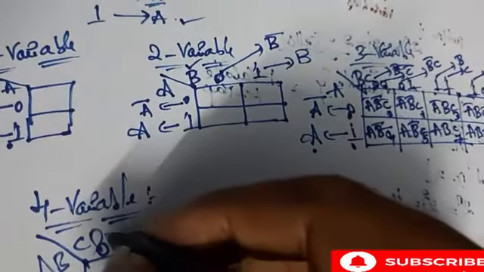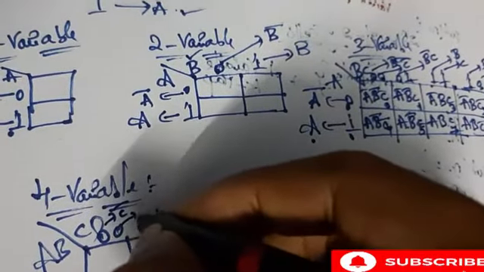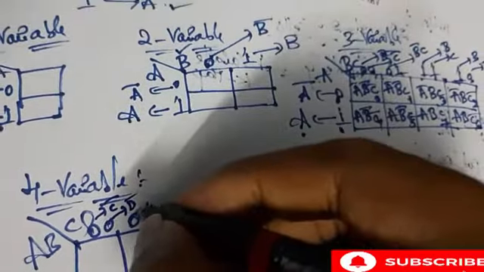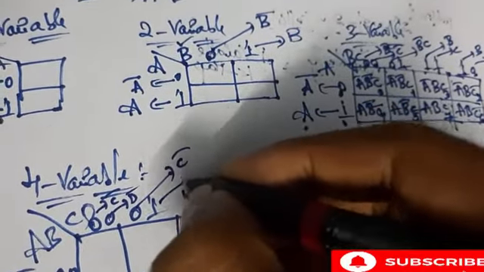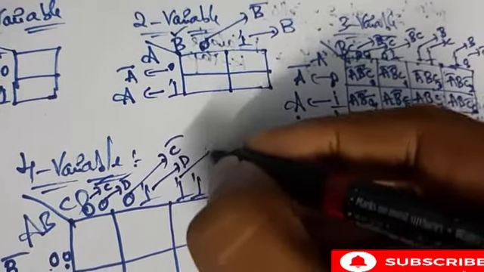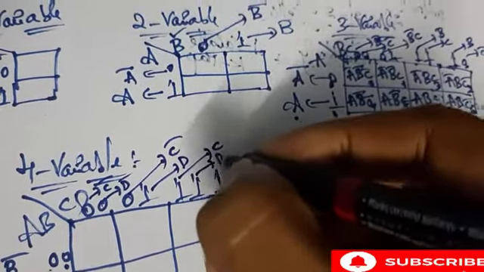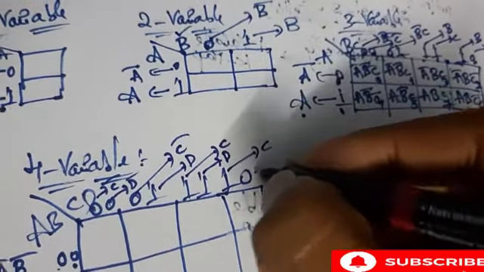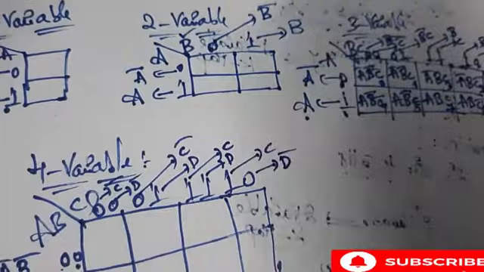Here 0 1 means A bar B. Here 1 1 means A B. 1 0 means A B bar. Here C bar D bar. 0 1 means C bar D, 1 1 means C D, 1 0 means C D bar.